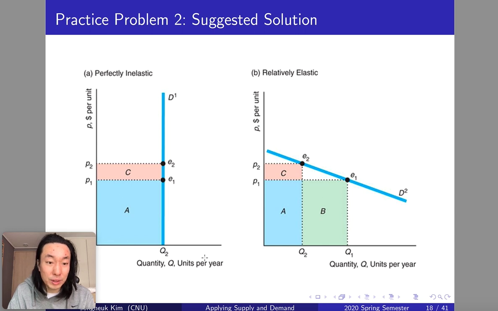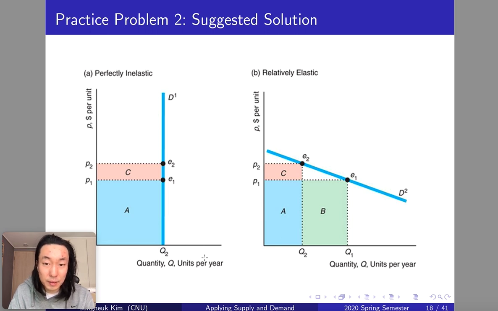So your revenue is increased by C, which means that if your consumer is really inelastic, then you have more leverage to increase your price level to maximize your revenue.